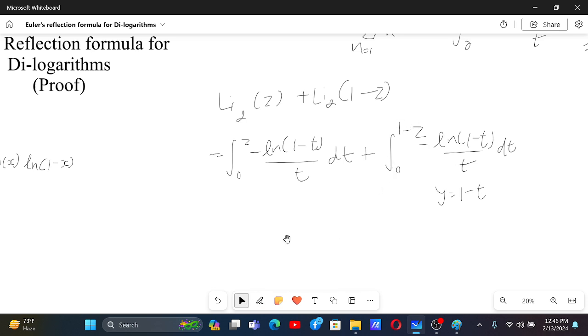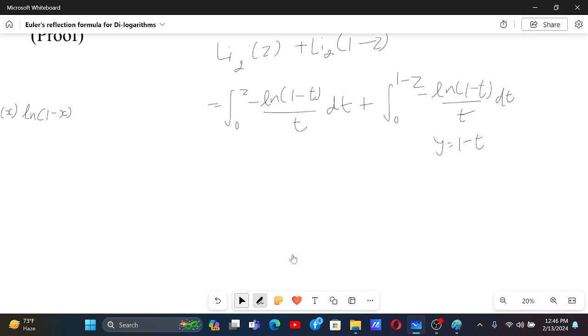Now after we have y, we can again write y as t, because that's just a dummy variable. I could write this as t going to 1 − t, but let me do it as it is for now. So −ln(1 − t) by t dt.